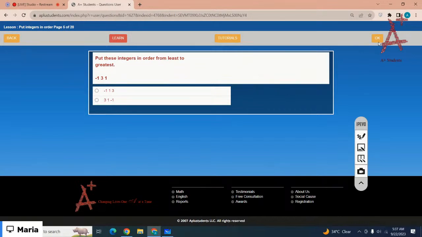The next one is put these integers in order from least to greatest. So which is the correct option? -1, 3, 1. Which is the correct option? How do you arrange them?